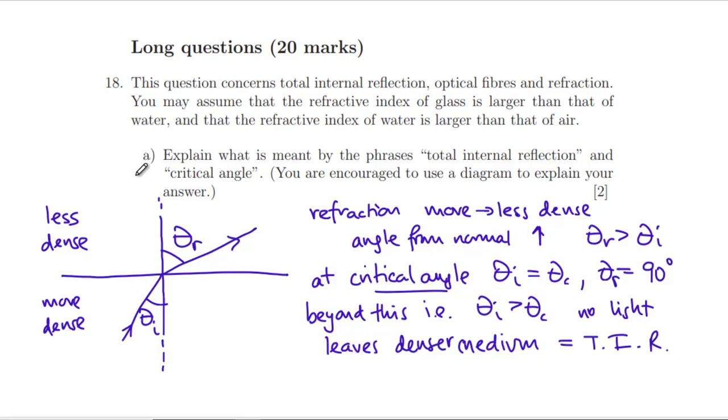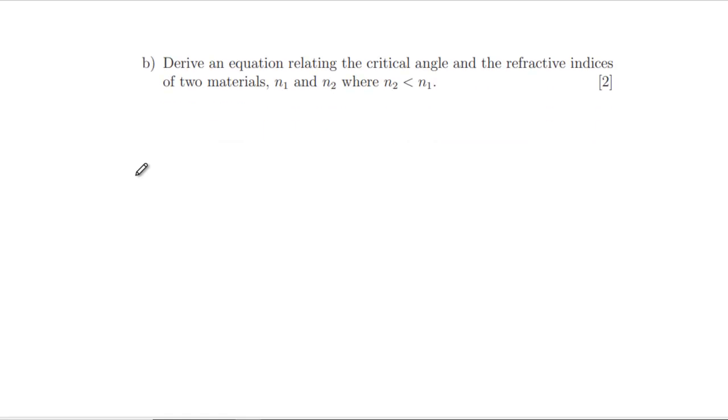Excellent. So that's part one. Derive an equation relating the critical angle and the refractive indices of two materials N1 and N2, where N2 is less than N1. So N1 is our more dense, this has got higher refractive index.